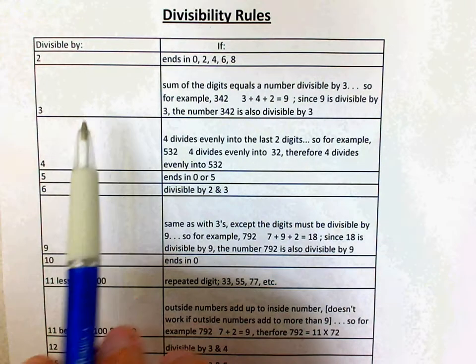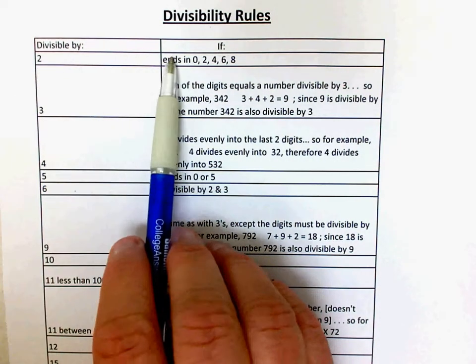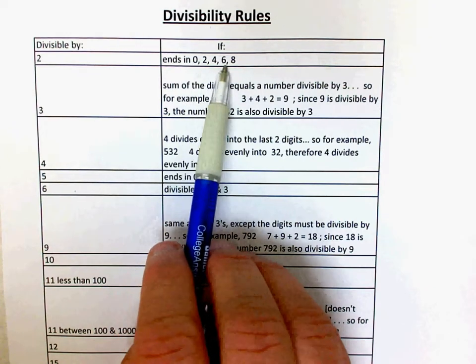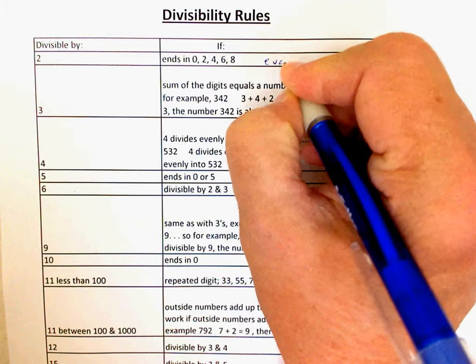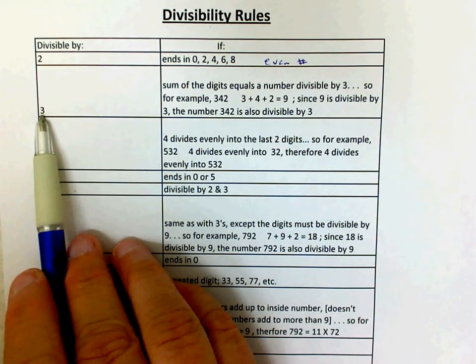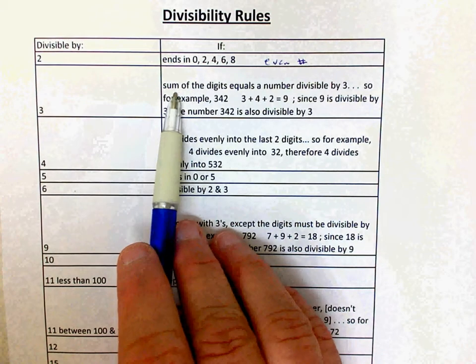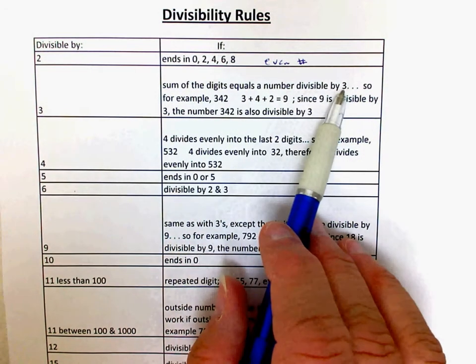Okay? Now, it's divisible by 2 if it ends in 0, 2, 4, 6, or 8, or in other words, if it is an even number. Now, it's divisible by 3 if you add up all of the digits and it equals a number that's divisible by 3.